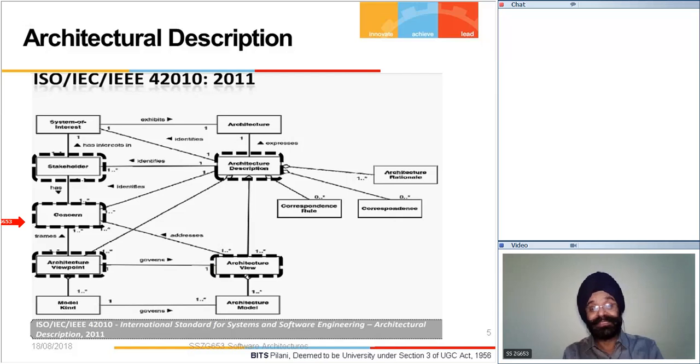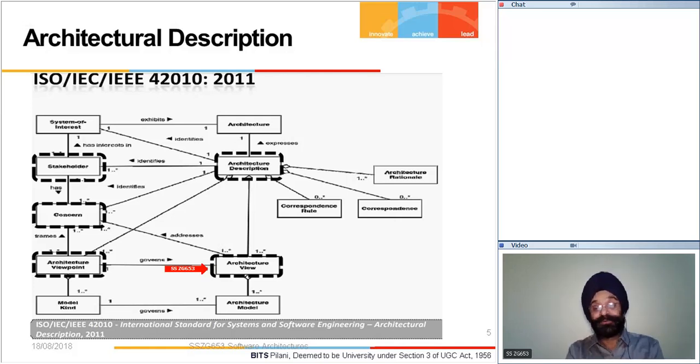The amount of effort involved should be commensurate with the amount to be spent on the system. So the concerns are placed in the form of viewpoints, and the viewpoints are governed by the views.